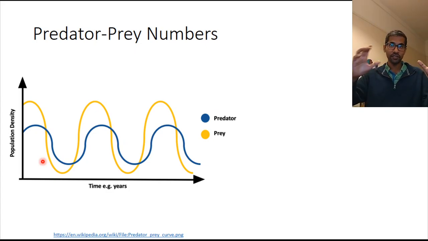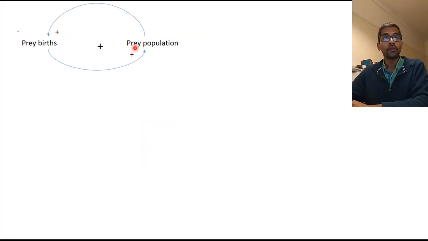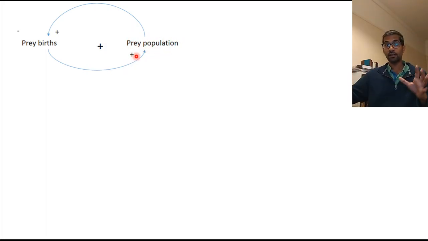So let me show you diagrammatically what I was talking about. Let's think about this prey population. If you have some rabbits and they reproduce, they give birth to more rabbits, and as you have more births, what happens to the population of the rabbits? It increases.